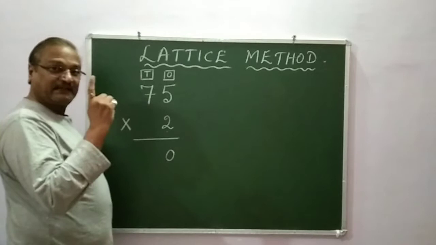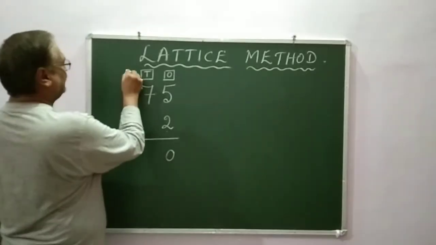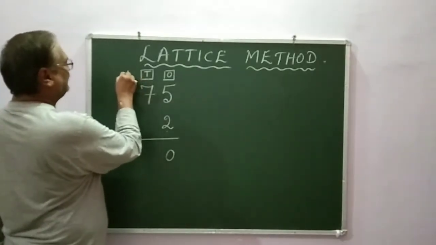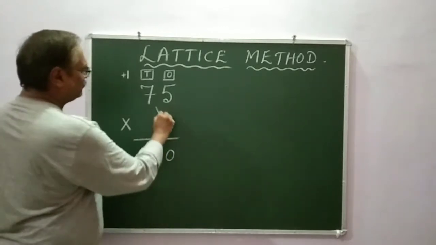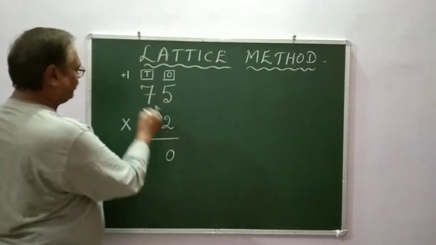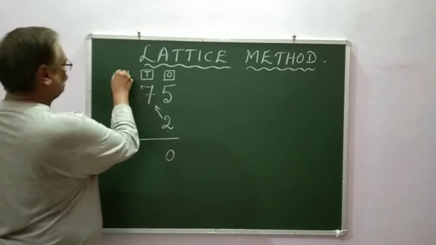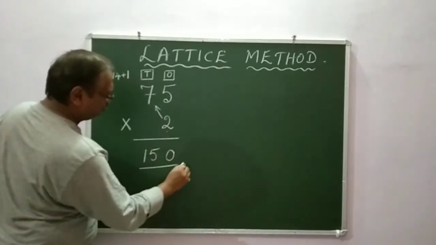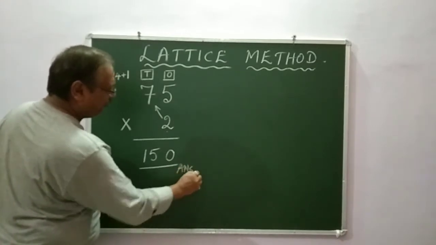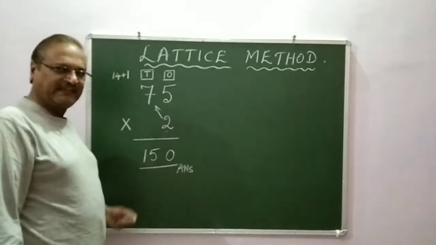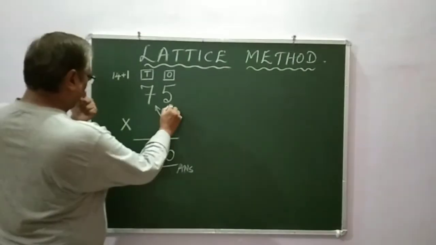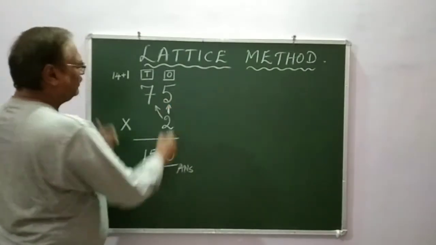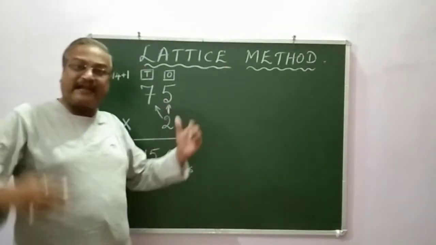The remainder carry over is 1. Now 7 2s are 14. 14 plus 1 is 15. So the answer is 150. Now I want to do this in the lattice method.